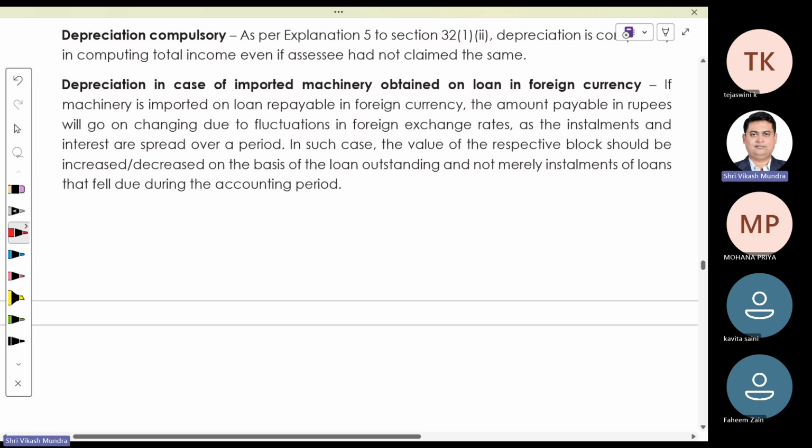Then I am giving you a few examples. Please try to calculate depreciation as per income tax law. The block is furniture. Opening WDV consists of furniture X and Y, which is rupees 5 lakh.